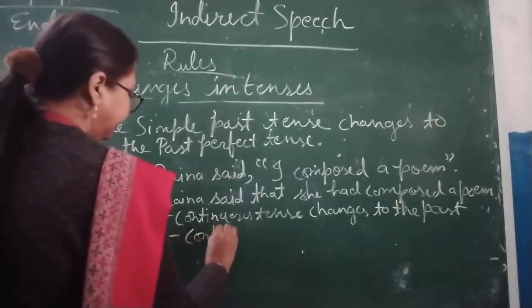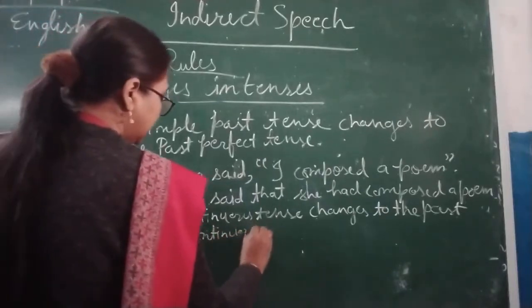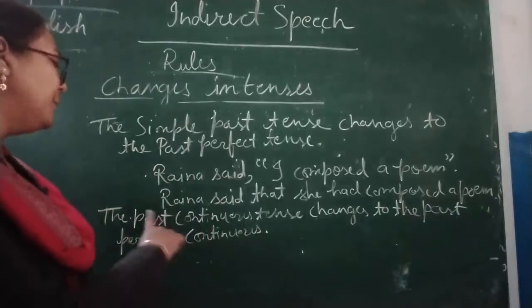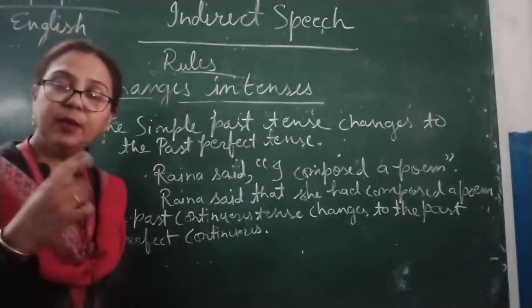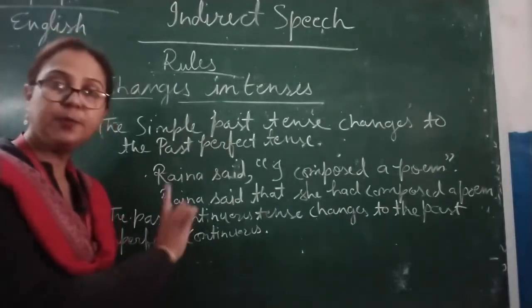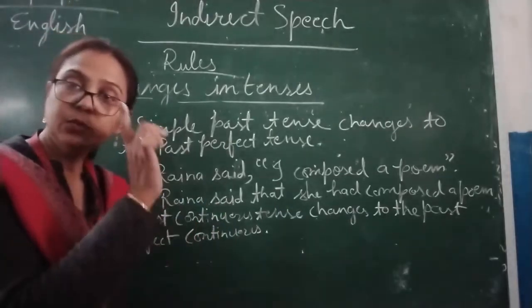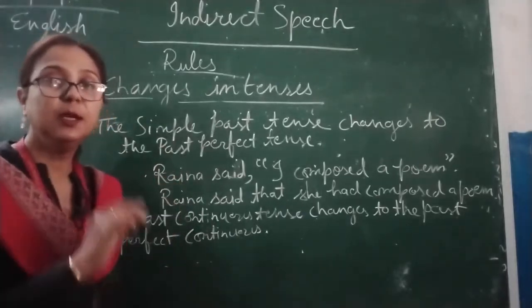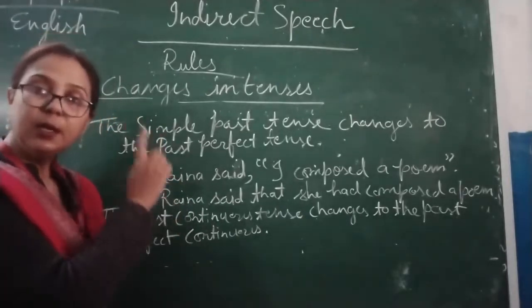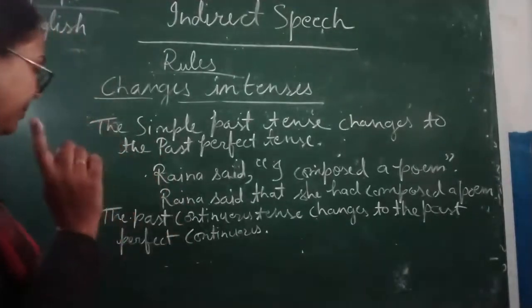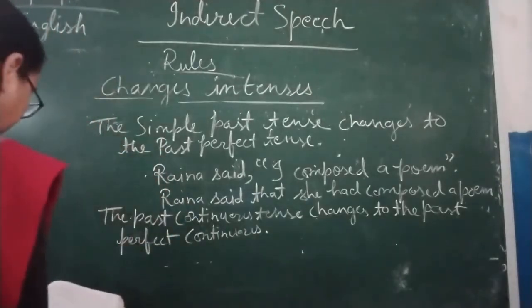Okay children. So when direct speech is written in past continuous tense, when we are making indirect speech, we will change it to past perfect continuous tense. So these rules you have to write in your copies, because while changing direct to indirect, we have to remember. That is why I am telling you.